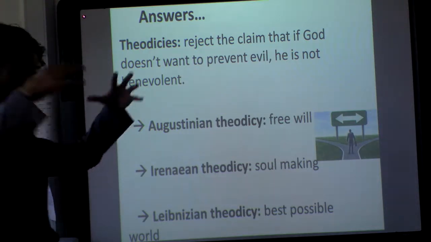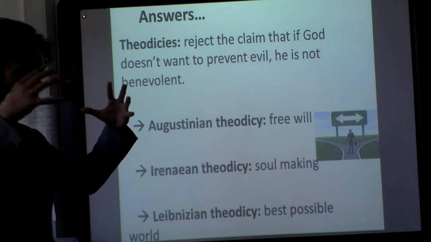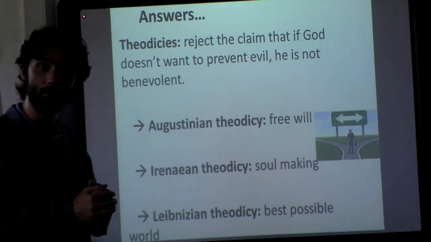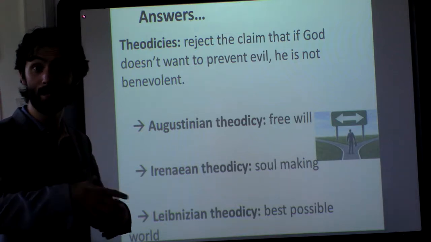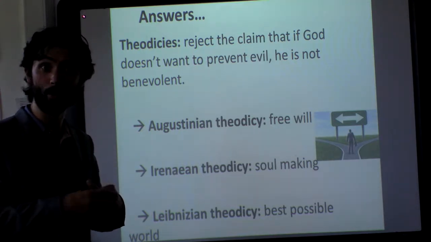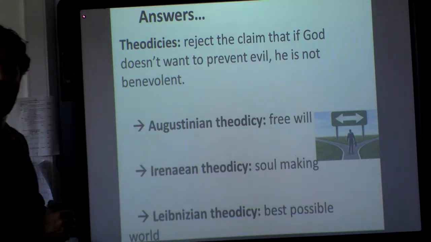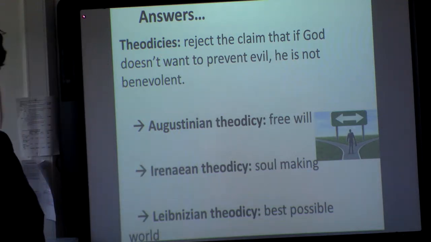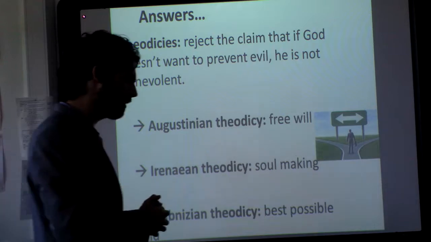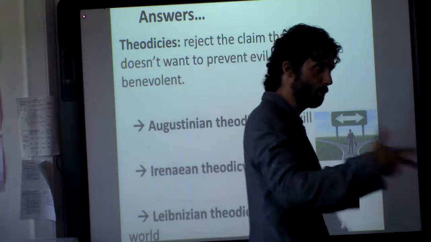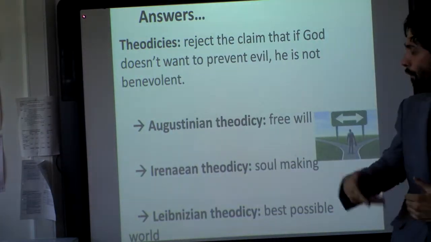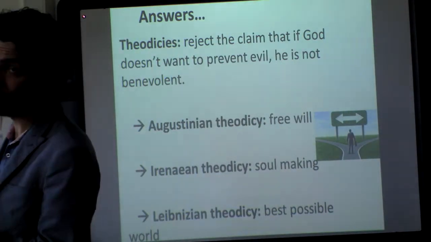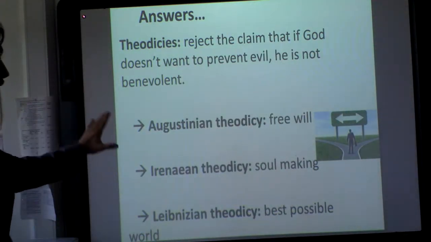But if we had the full perspective of God, then we would realize that it is the greatest possible world. The only reason why it looks like this is a bad world is because of our limited perspective. That's the Leibnizian theodicy. Again, not in the textbook, but it's pretty straightforward to explain, so it's useful to know it. It's useful to be able to write about it in the exam, especially if you run out of things to say. So those are the theodicies.